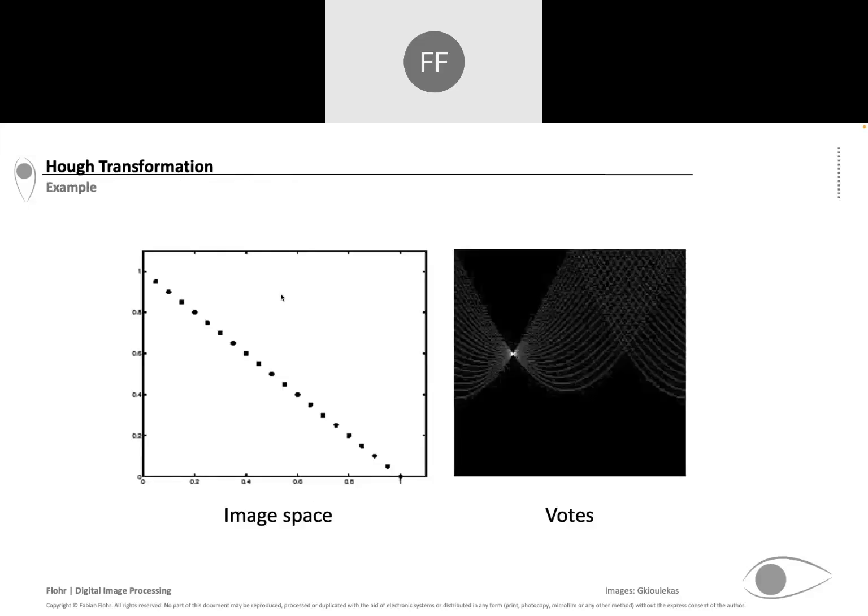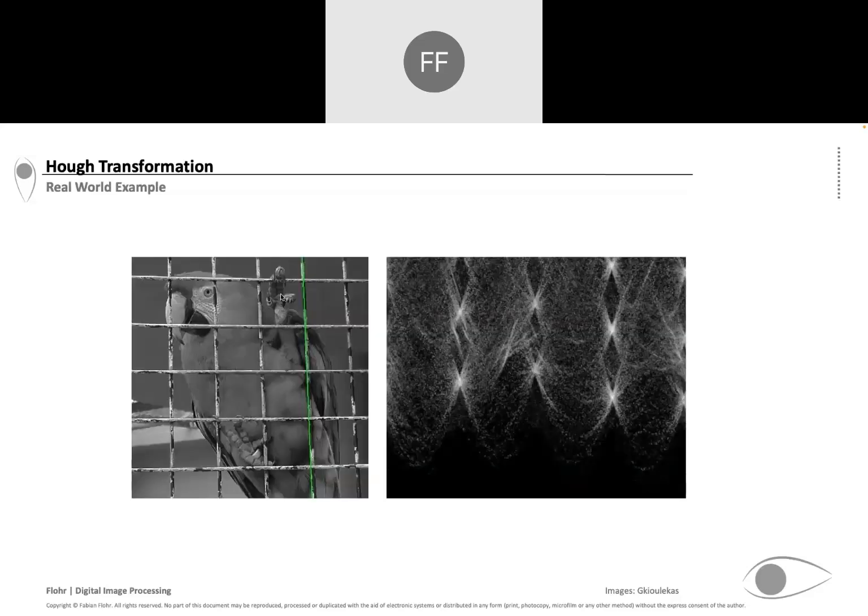So an example: if we would have those edges detected in the image, this would be our votes based on these waves here. You would clearly see a maximum here, which you can easily pick to define this particular line. Also in this example, you might be interested to extract this kind of fence here. And you see that you have multiple of those votes.